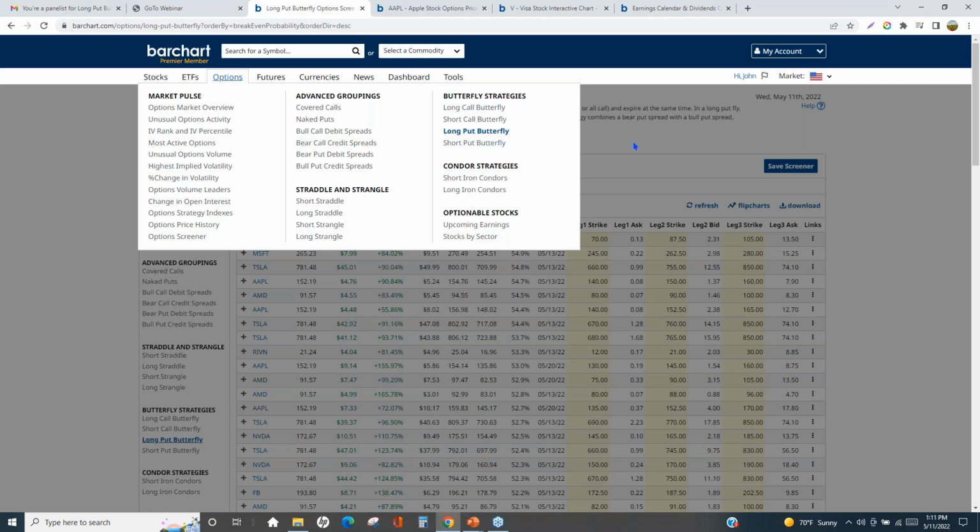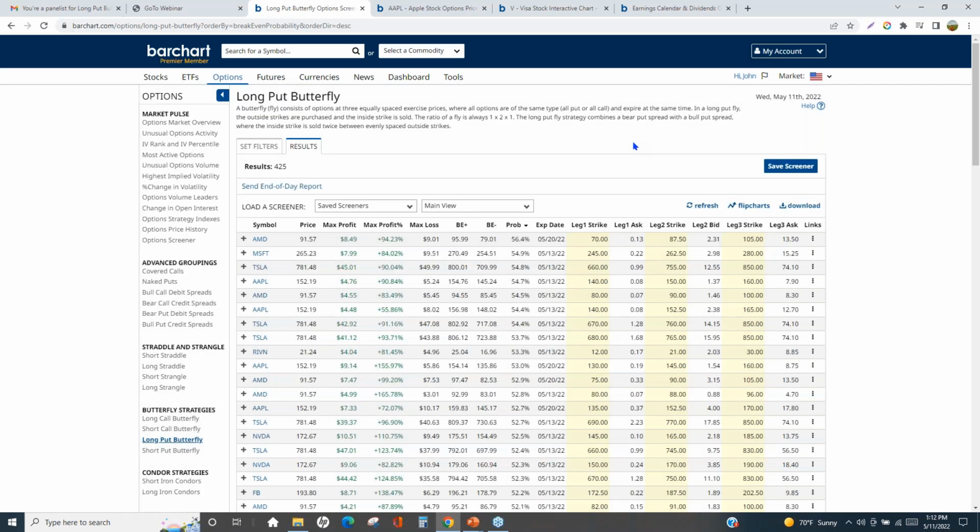The first thing you need to know about this page is that it is sorted by probability: the probability that the strategy is going to break even. In other words, the probability that price will remain inside of our outer wings, less the premium that we're going to pay, the cost of the trade. So, in between our break-even values.